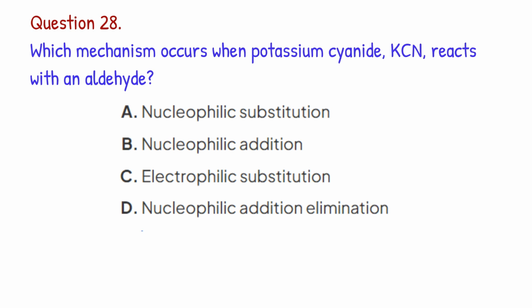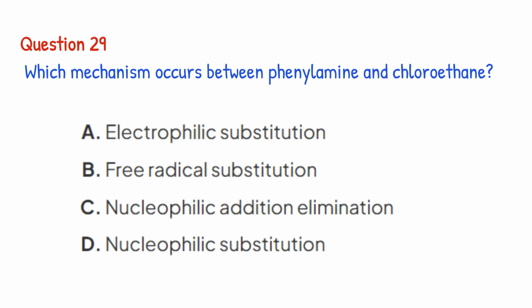Question 28. Which mechanism occurs when potassium cyanide reacts with an aldehyde? The correct answer is B. Question 29.